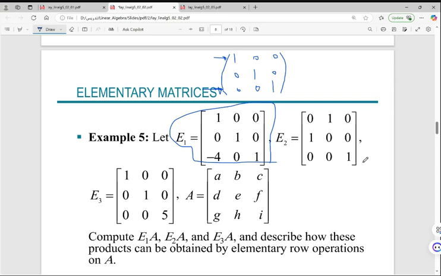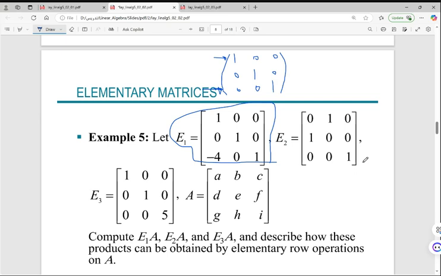So E1 is obtained by row replacement in I. What row replacement? Row 3 in I is replaced by the sum of row 3 and minus 4 times row 1. So you have matrix I. You apply this operation on it.